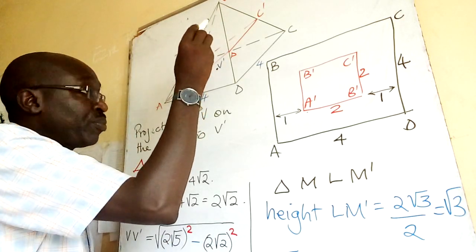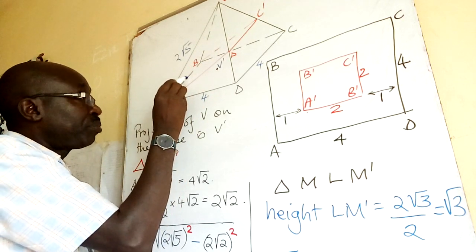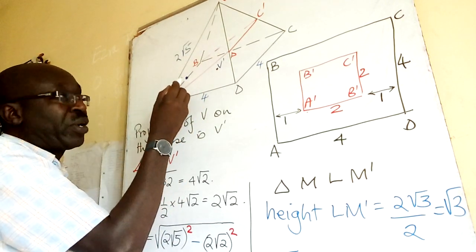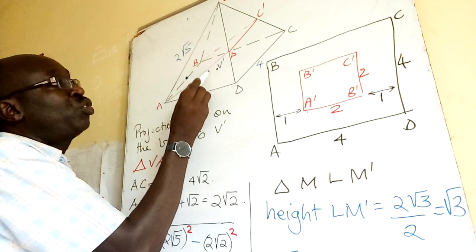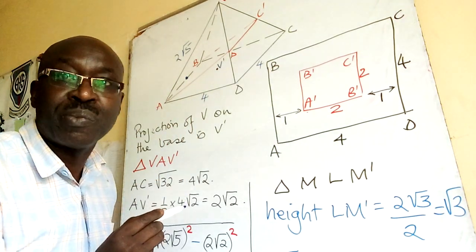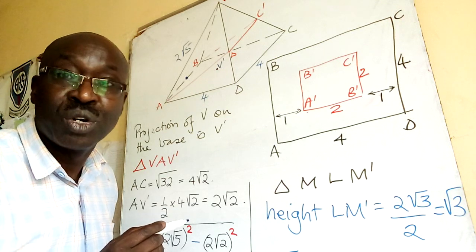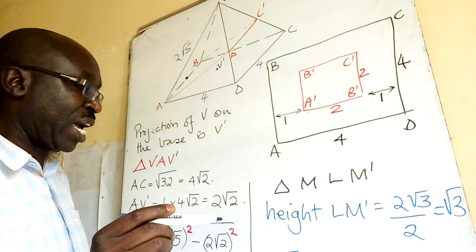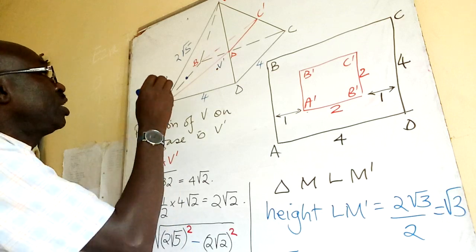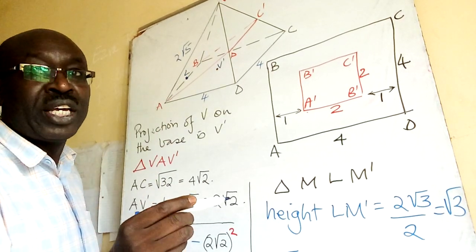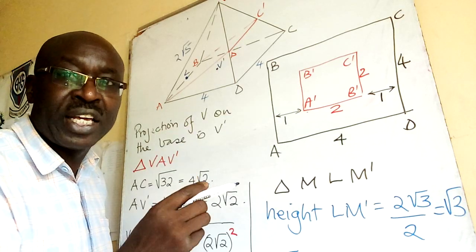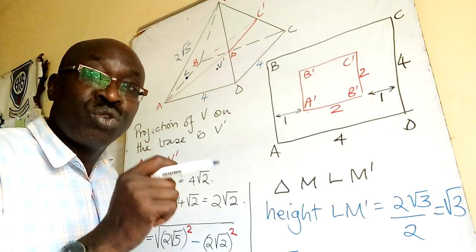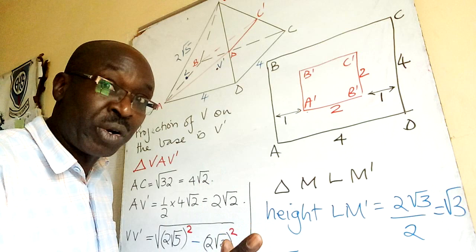From V, you will come somewhere here. You divide, you come somewhere here. Then from here, join to V prime, which was a projection. So already you make a triangle. If I may call this point L, what I mean is VL has divided the hanging plane into 2. Where do you start your division? From the highest point.